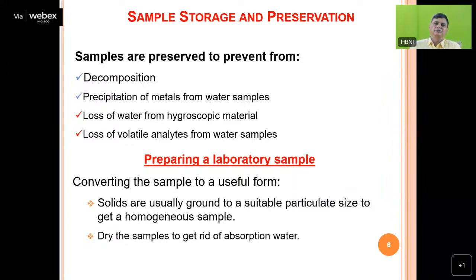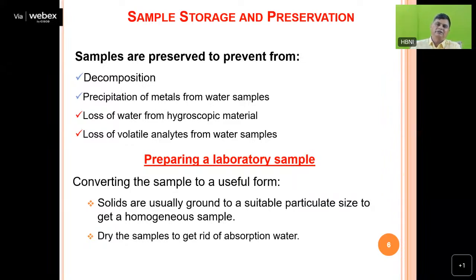So in case of a solid sample, it is usually ground to a suitable particle size to get a homogeneous sample, and then dried, because whenever you do any kind of measurement and reporting, it is in grams per gram or milligram per gram.